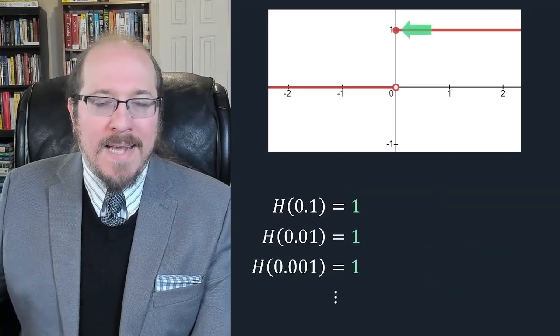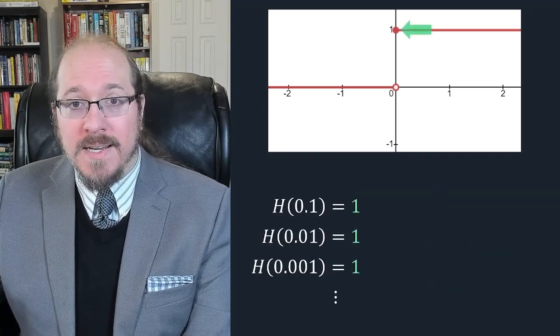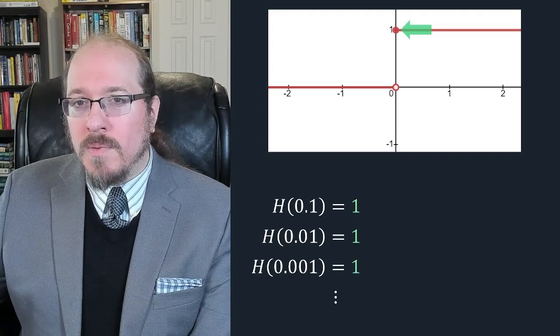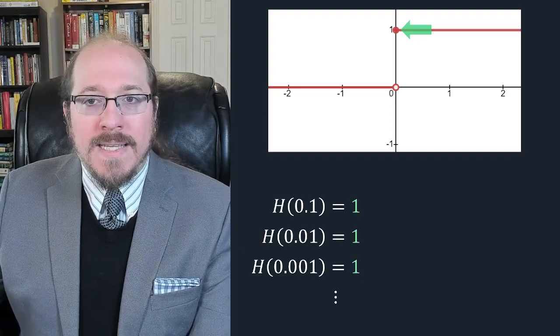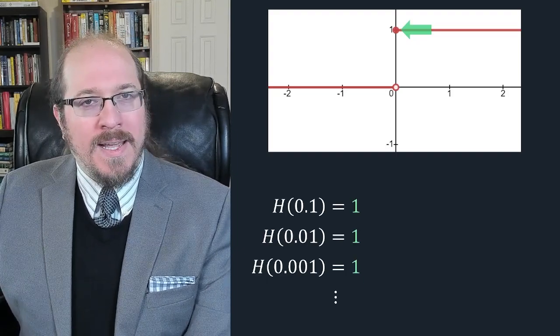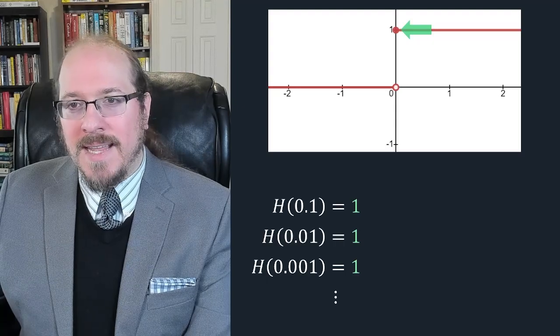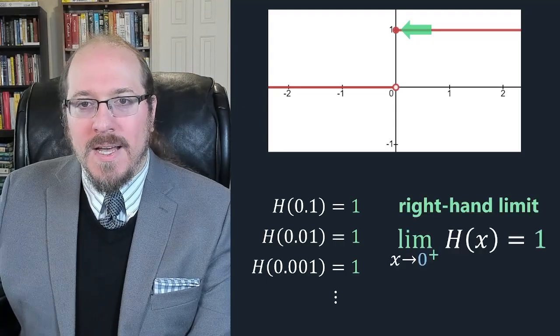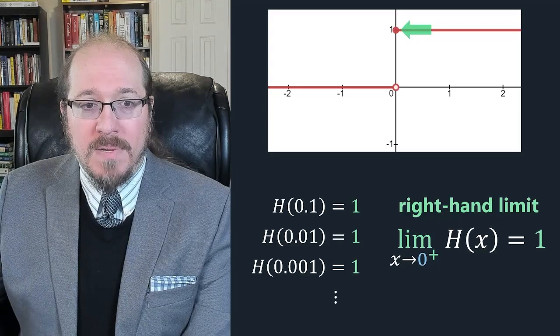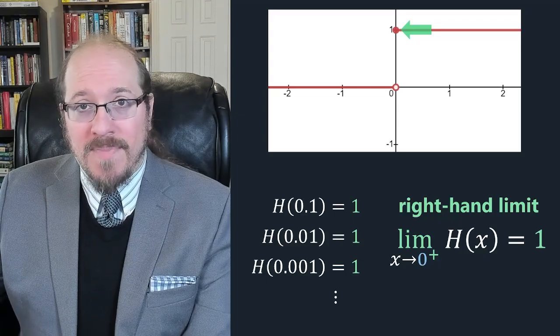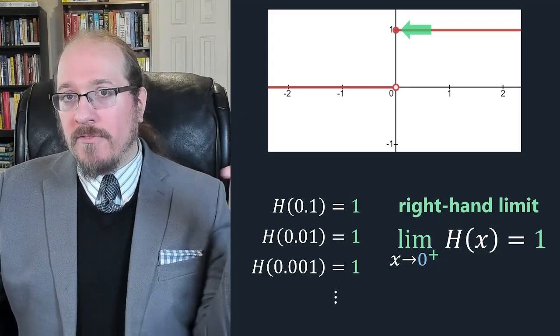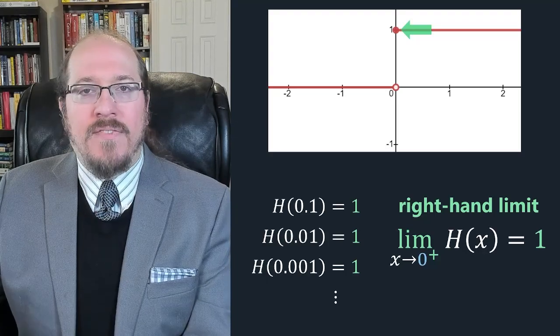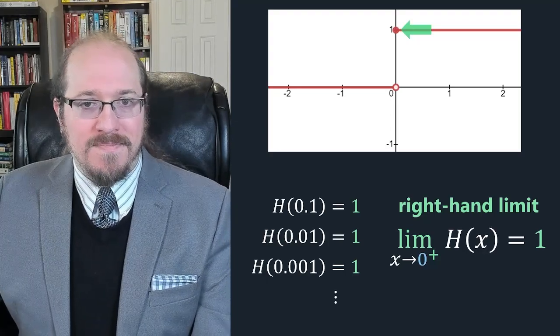Well, if we let x approach 0 from the right-hand side, plugging in smaller and smaller positive numbers, we always get 1. So we can get a little more granular and say that the right-hand limit, which we write with a little plus sign above the 0, is 1. As x approaches 0 from the right side, the function approaches 1.